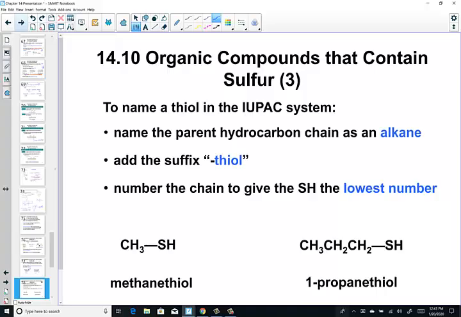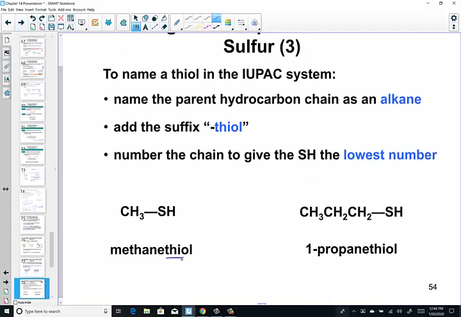And to name that thiol in the IUPAC system, you name the parent hydrocarbon just as an alkane, and we add the suffix thiol. So number the chain to give the SH the lowest number possible, and we simply add the ending thiol to let you know there's an SH group.